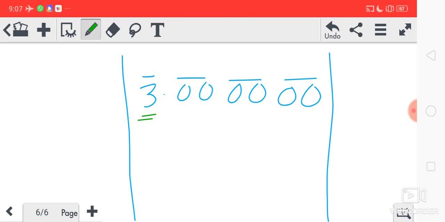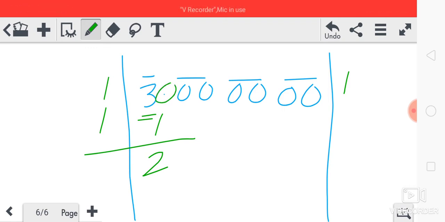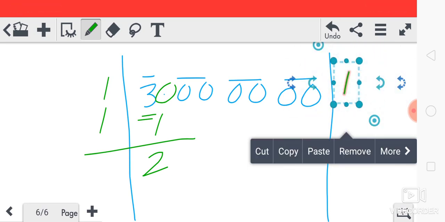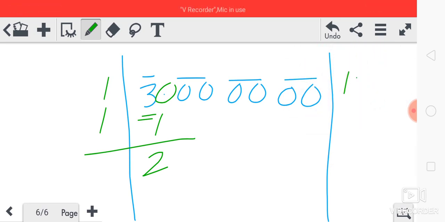If we take 2, 2 2 is 4, it will be greater than 3, so we have to take 1 only. 1 1 is 1. Now 3 minus 1, how much will we get, 2. Okay, now since decimal is there, we have to put the decimal here.